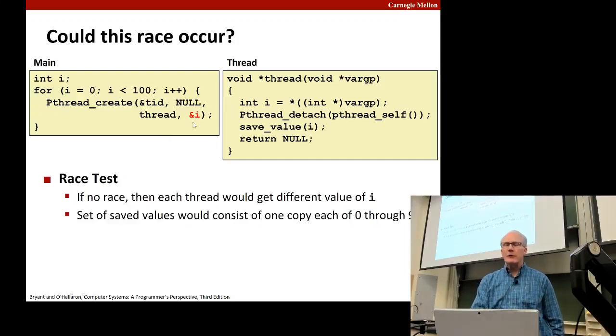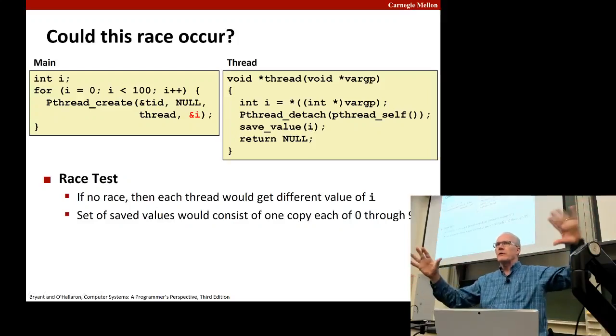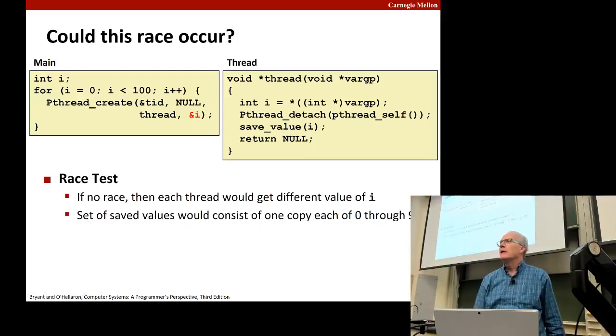If you see it, I'm really passing the same thing to each of these. I'm passing a pointer to some place in the stack, and it's the same pointer every time. But I'm assigning different values to the variable that's stored in that stack position. Meanwhile, the thread will extract this integer i and save it in some place, so I can build up a collection of all the different values of i that were passed to one of the 100 different threads.